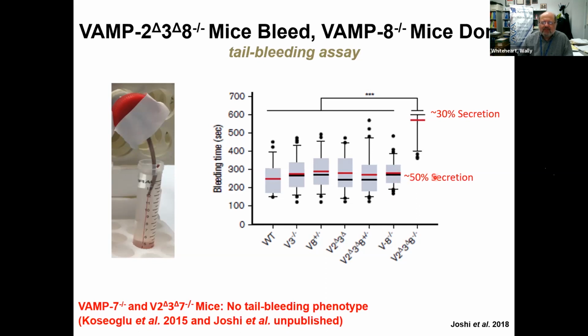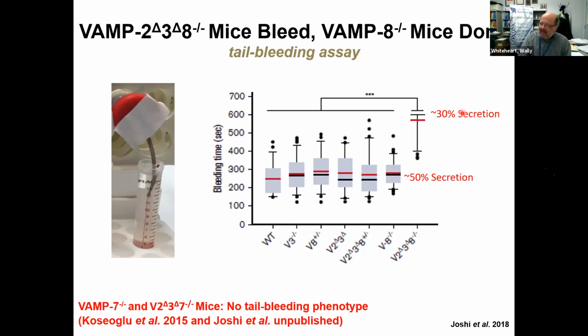I call this 50% secretion, but you saw the data and you can evaluate. That's not enough of a defect to have an effect on bleeding in this model. However, the triple knockout that was hypomorphic for VAMP7 has enough of an effect. And so that amount of secretion is not enough to actually form a clot in these particular models. And these animals failed to form a clot in the 10 minutes of the experiment that we used.